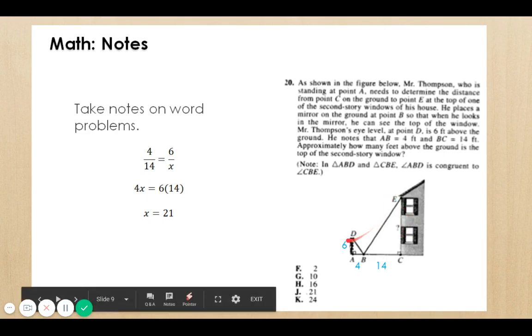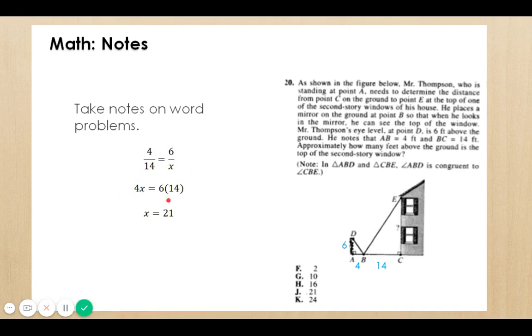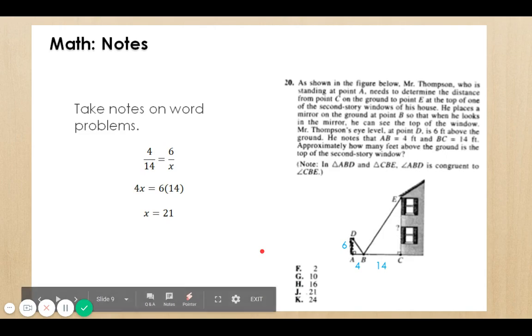So you can use kind of what it looks like to help you eliminate answer choices. To actually solve the problem, I do need to use ratios. So I have to match sides of the triangle. So I would say 4 is to 14 as 6 is to what? When I have fractions set equal to each other, I cross multiply, and I'm going to get x equals 21. So choice J.